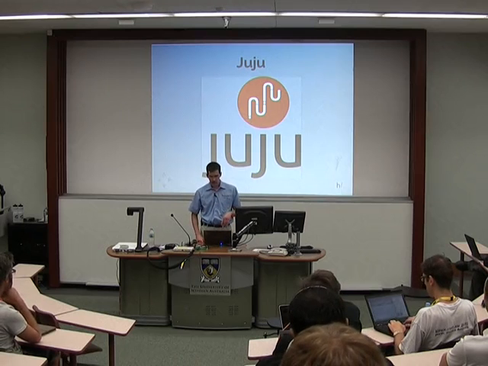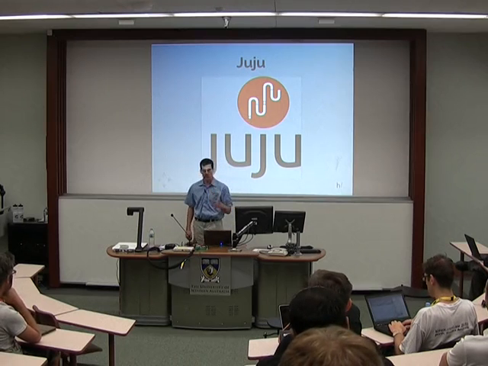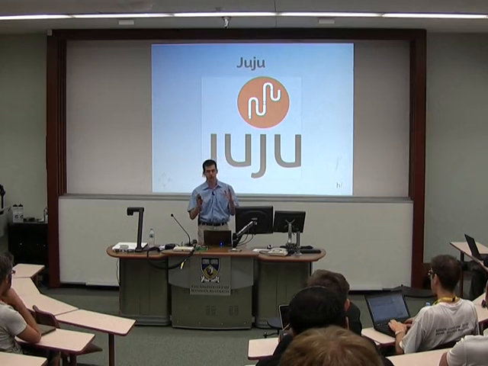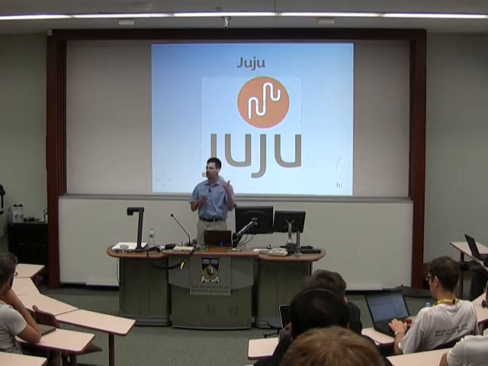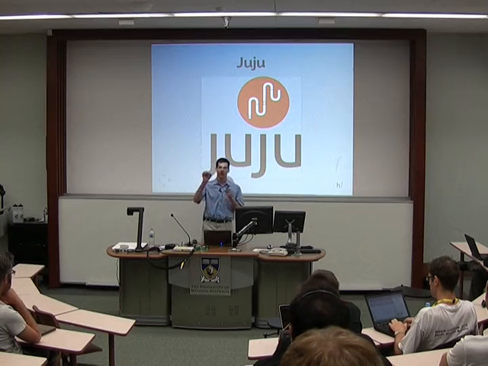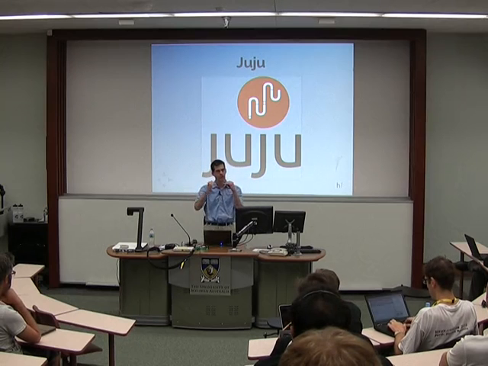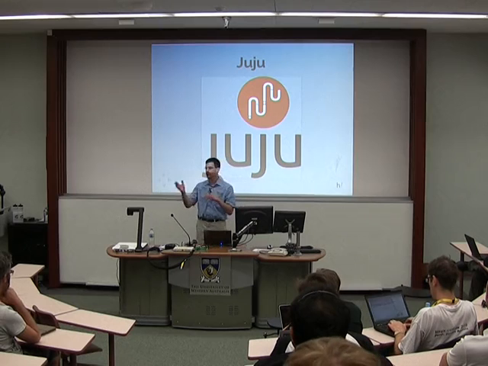And all of Juju is interestingly controlled through a single YAML file. And Juju comes with a GUI that you can use to graphically place your charms and the relationships between them, and it will then generate that YAML file for you. And then you can easily share that with someone else.